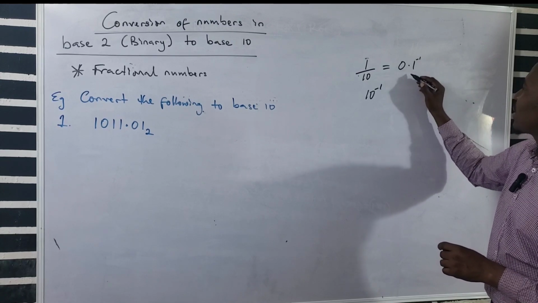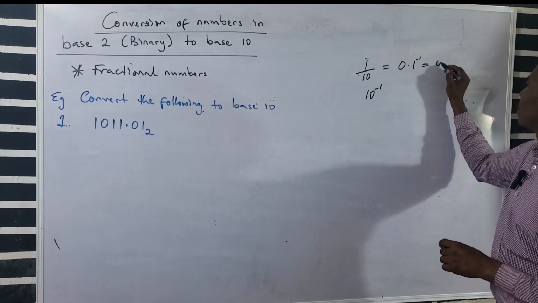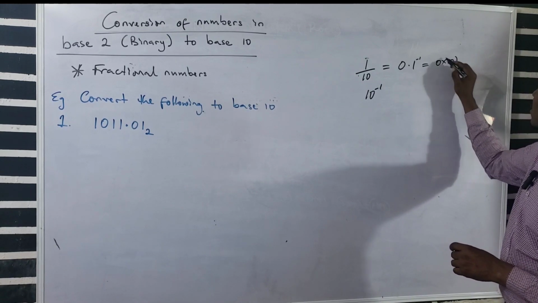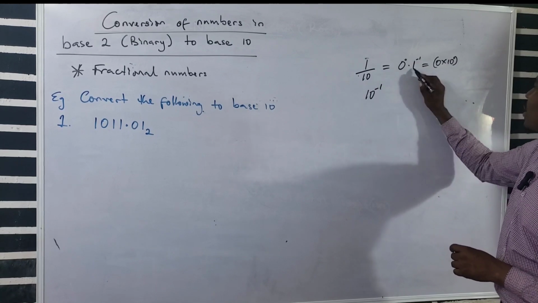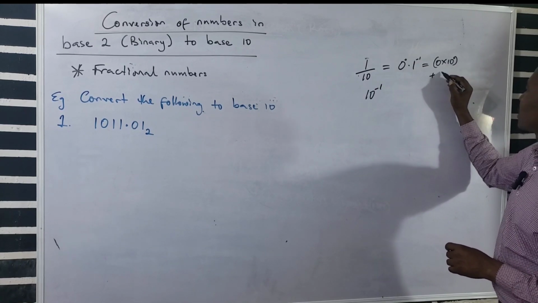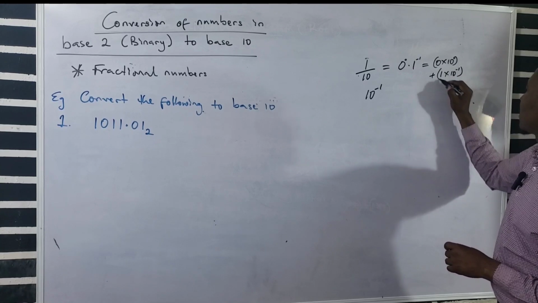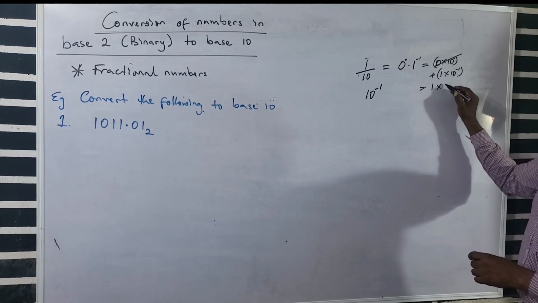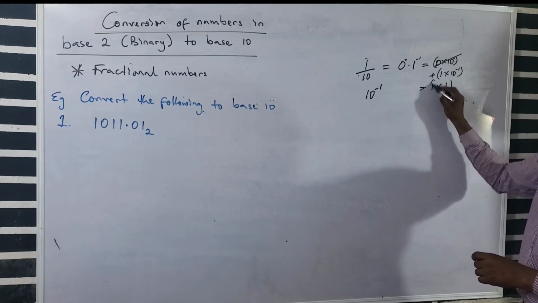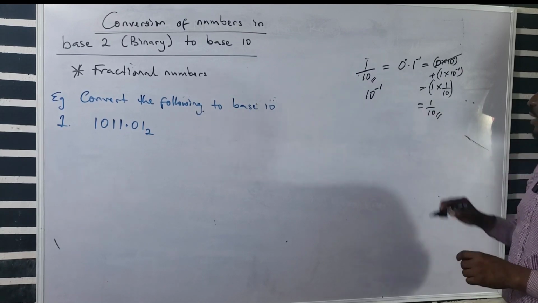When you expand this, it's going to give you 0 times 10 raised to power 0. Of course, this one will take 0. Then this one will give you plus 1 times 10 raised to power minus 1. And 10 raised to power minus 1 will give me 1 times 1 over 10, which is 1 over 10. That's what we have initially.